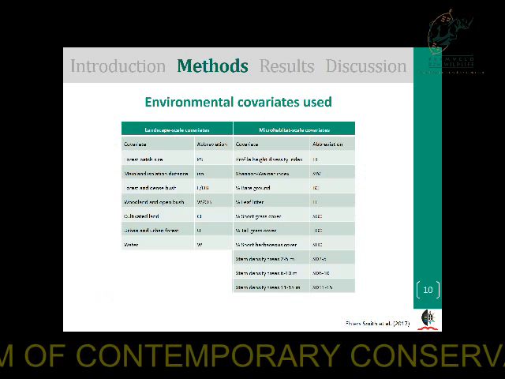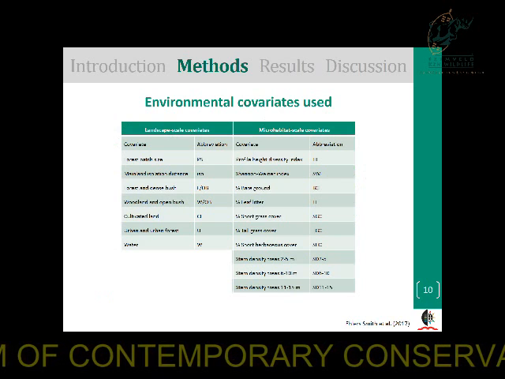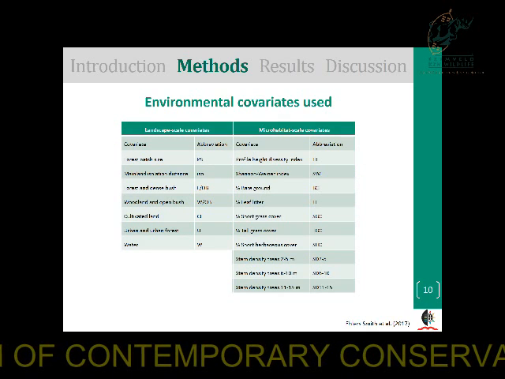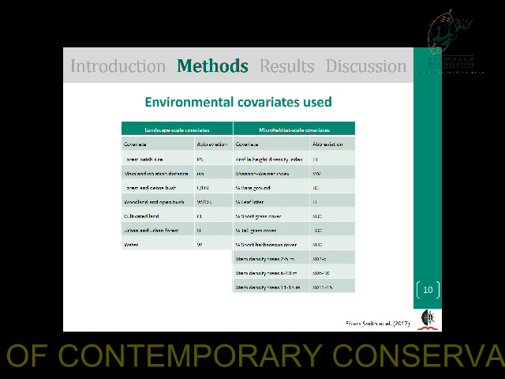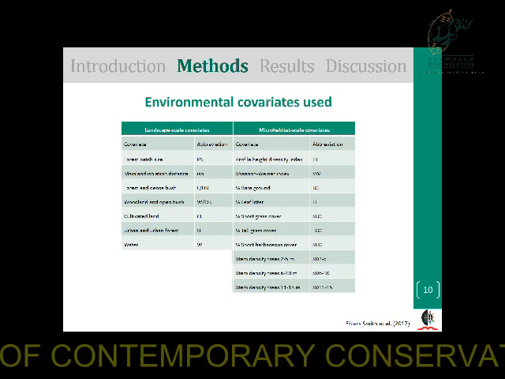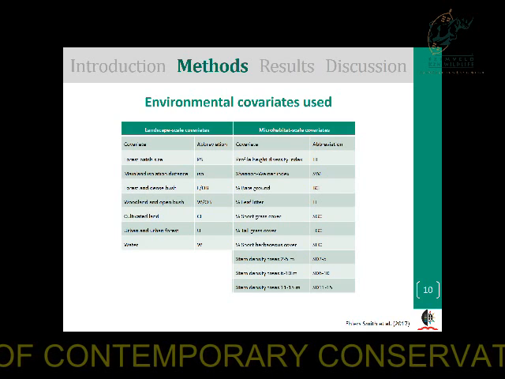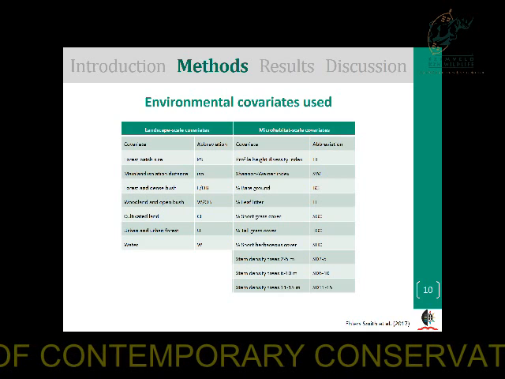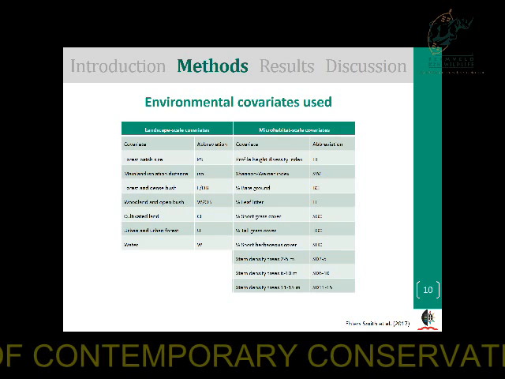So the environmental covariates that we wound up with, at the landscape scale, we have forest patch size, our mainland isolation distance, whether the patch was in forest and dense bush, proximity of woodland and open bush, of cultivated land, proximity of urban mosaic, and whether the camera trap was in an urban area, and proximity to water.